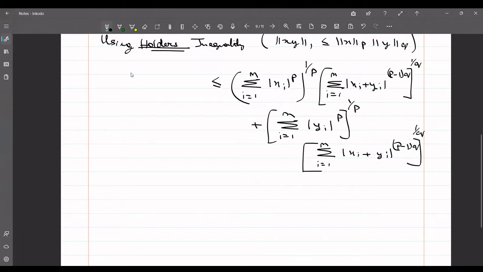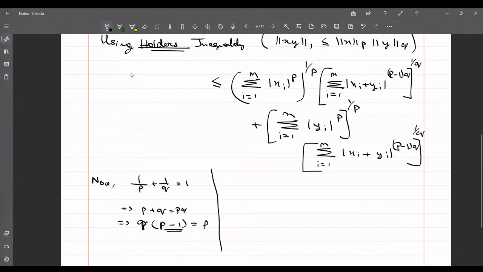Now, 1 over p plus 1 over q equals 1, which implies p plus q equals pq, which implies if I take q common, I get q times p minus 1 is equal to p, right? So we can put it here, right?